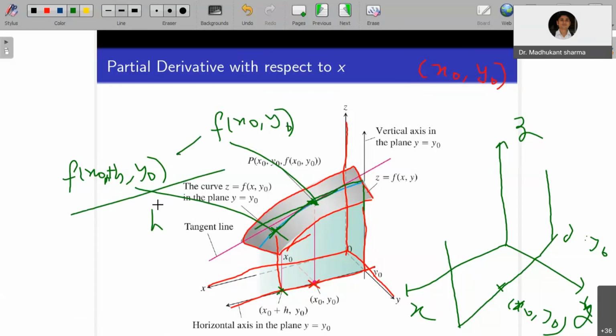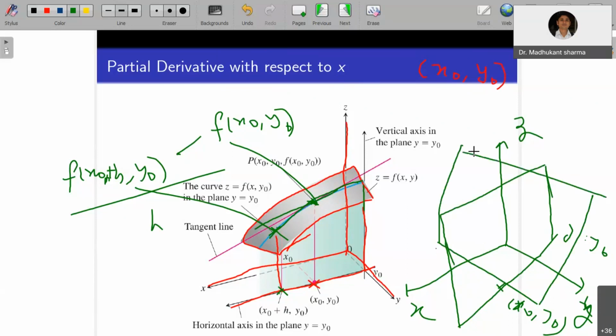When you want to talk about the partial derivative with respect to y, what will you do? Rather than going through the plane y equals y naught, which you get by drawing the line y equals y naught and stretching it along the z axis, giving a plane parallel to the z axis, for the partial derivative with respect to y at x naught, y naught we draw the plane x equals x naught, parallel to the z axis.